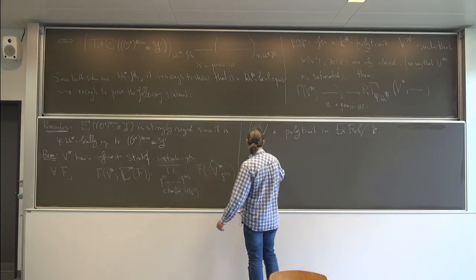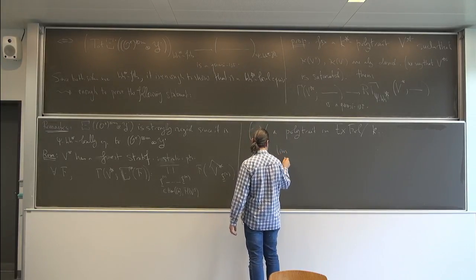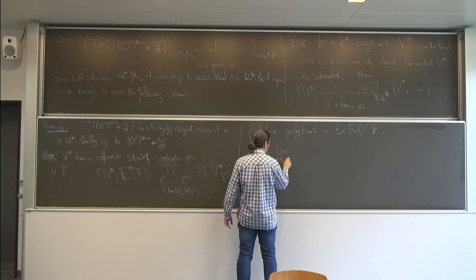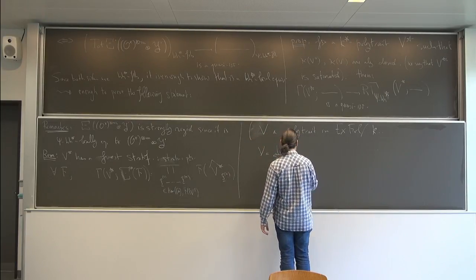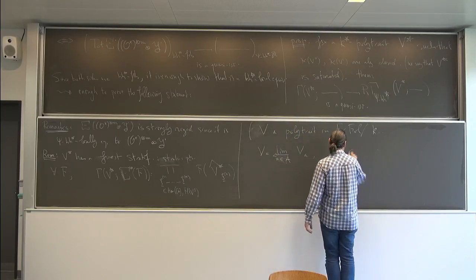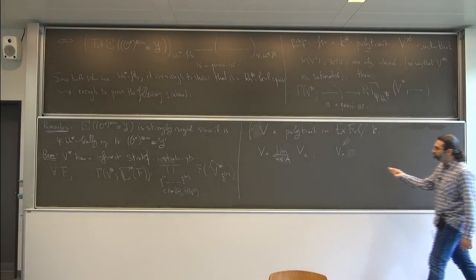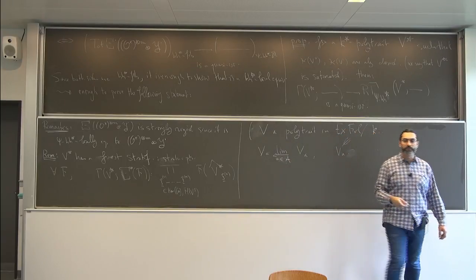You can write it as a projective cofiltered limit of some V_A's, where the V_A's belong here. When I say a polytre here, it means that it's given as a limit like this by definition.